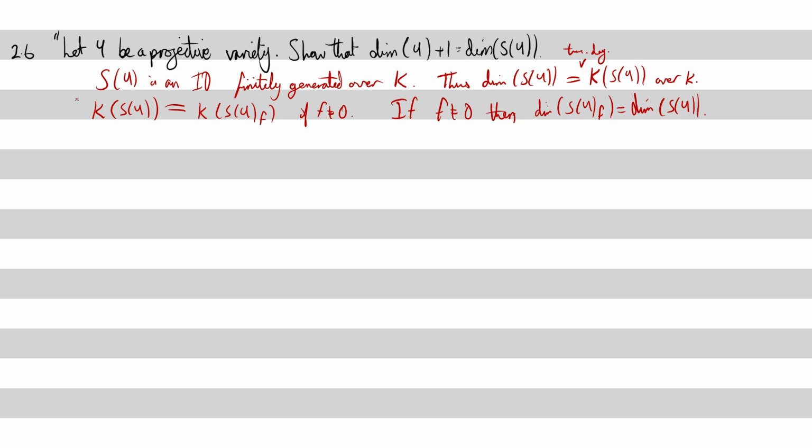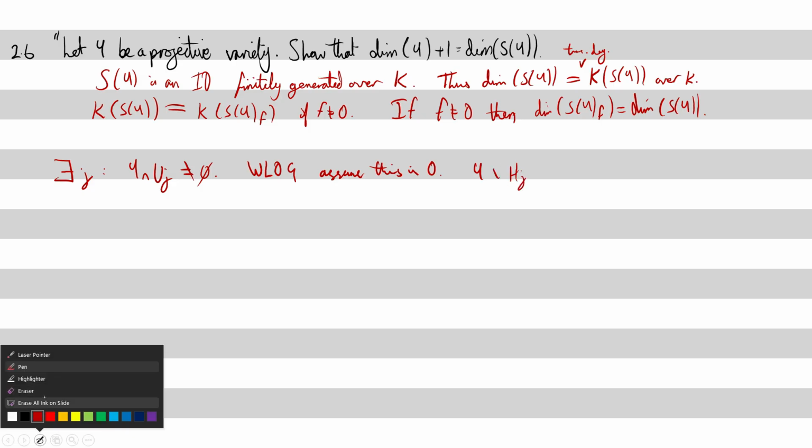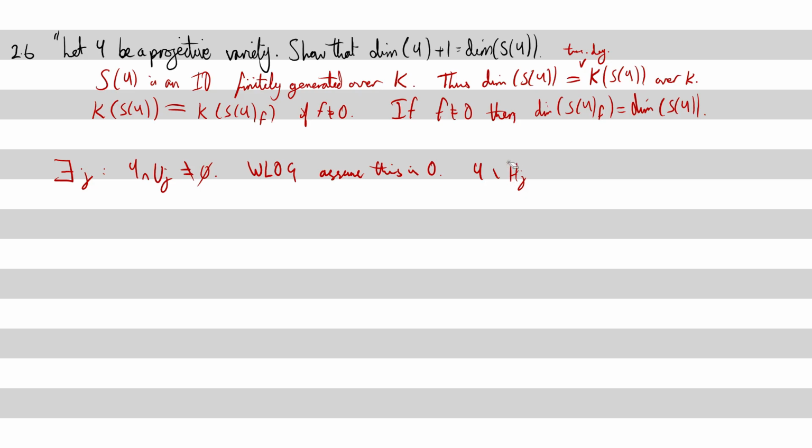Now, as Y is a projective variety, it is non-empty. So there exists some index j with Y intersect Uj non-empty. Without loss of generality, assume this is 0. What this means is that Y without the hyperplane defined to be the zero set of x0 is non-empty.